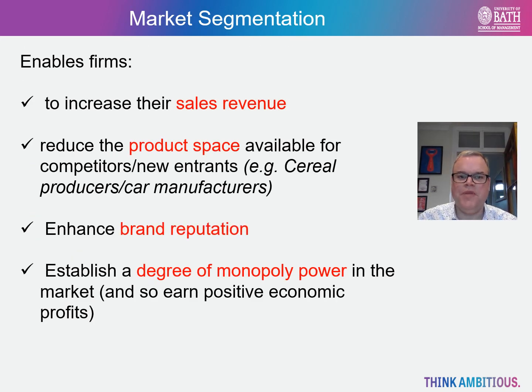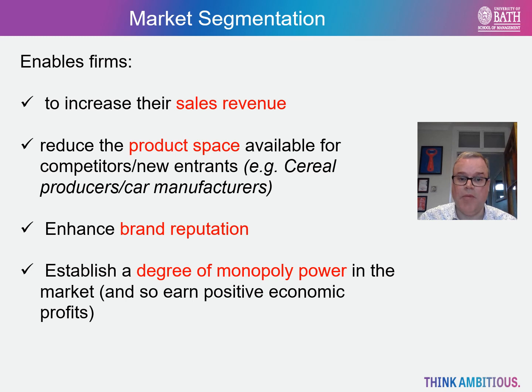Lancaster's approach clarifies the important notion that firms, by identifying particular groups of consumers who have strong preferences over product characteristics, can segment the market by introducing or tailoring new products and packages accordingly and therefore make profits. At the same time, market segmentation can enable firms to reduce the product space for rivals. For example, Kellogg's offer a range of cereals and these cater for different tastes.